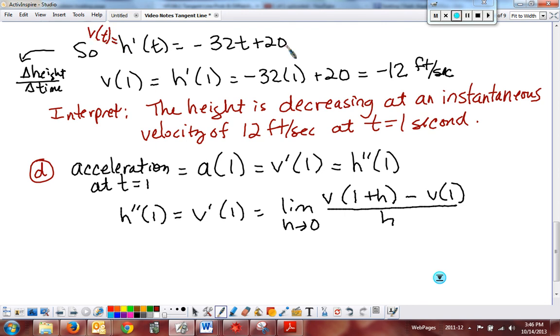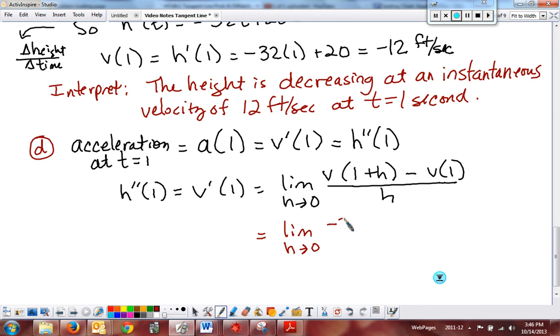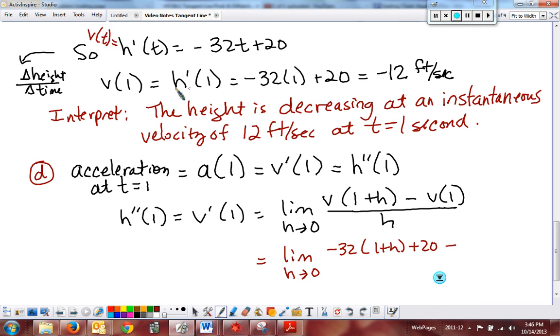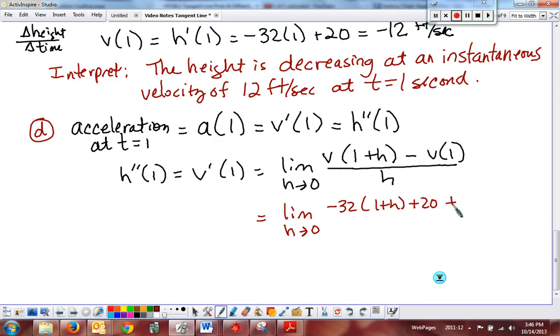So here's my formula up here. So I'm going to do the limit as h goes to 0 of my negative 32 times 1 plus h, plus 20, minus my velocity at 1. Well, my velocity at 1 we already found was negative 12, so it ends up being plus 12, all over h.